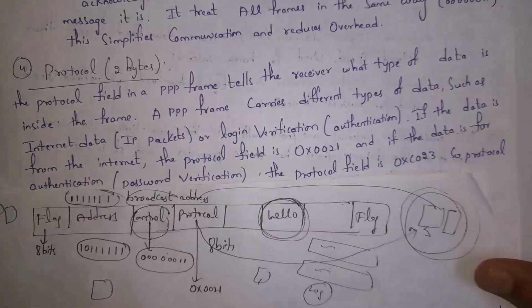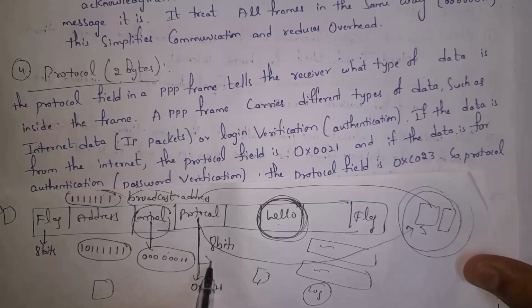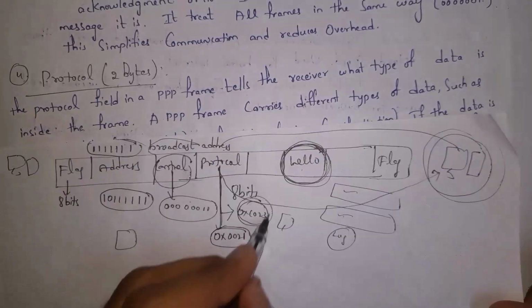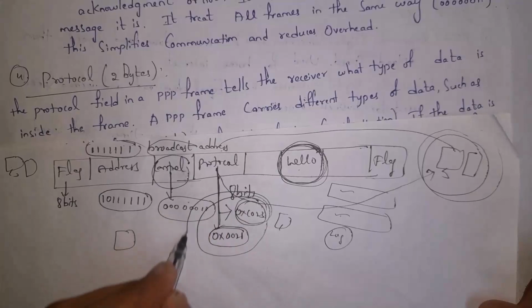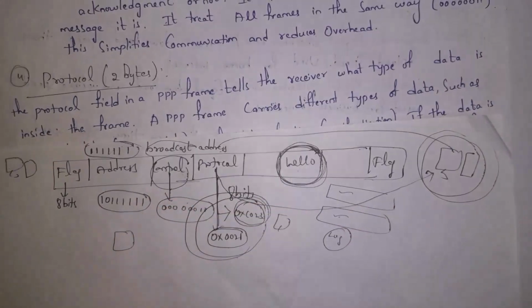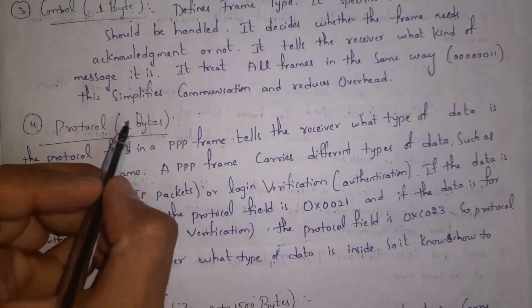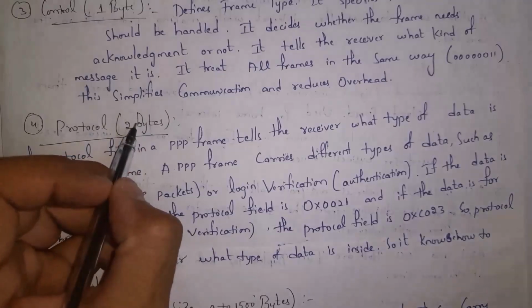If the data is login data, the protocol field contains the value 0xC023. Based on these values, the receiver will identify what type of data is present inside the frame, whether IP data or login verification data. And the protocol value is not 1 byte, it is 2 bytes, that is 16 bits.